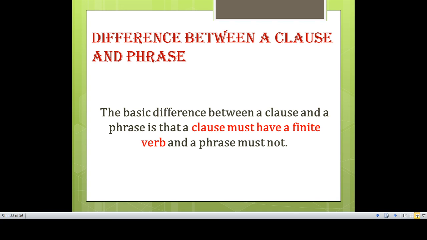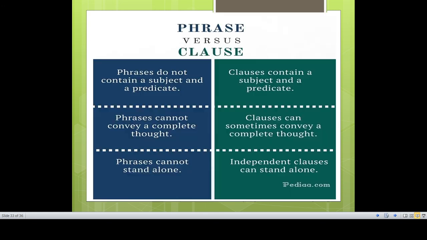So an independent clause is termed a main clause only if it has a finite verb. That's why I have highlighted it. You should keep that in your mind, and it can stand alone as a complete sentence. So here you have the differences between phrases and clauses. You can have a closer look at it.